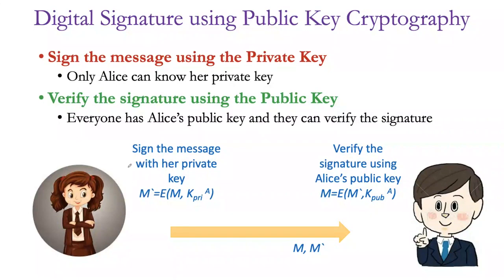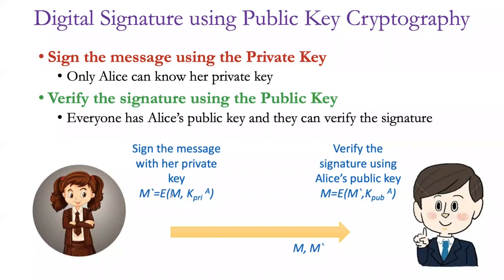That message is signed by Alice with her private key. The message goes through a hash function that generates a digest, and that digest is encrypted with Alice's private key. That generates the digital signature.